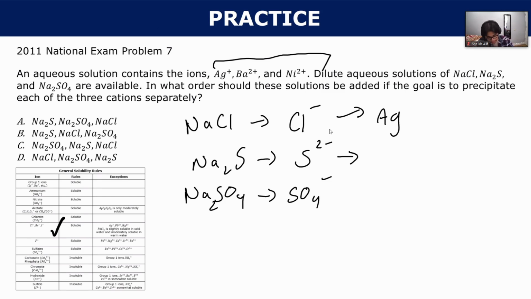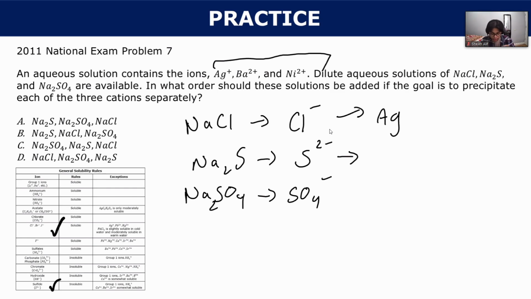The next one, the S, the sulfide here is always insoluble unless it's with a group 1 ion, NH4, and calcium, barium, and strontium are somewhat soluble. But of those, we have barium, and so barium is the only one that's not going to precipitate, right?